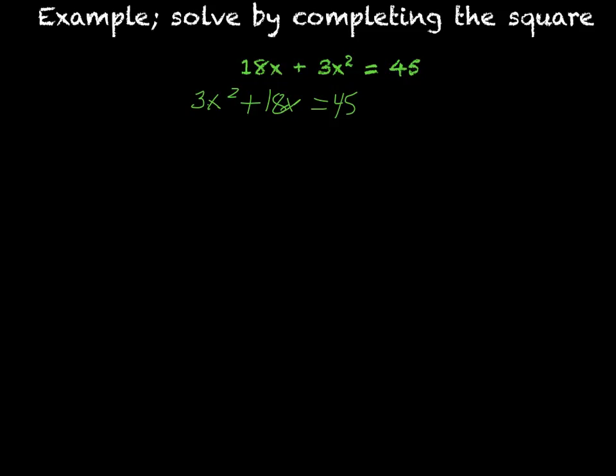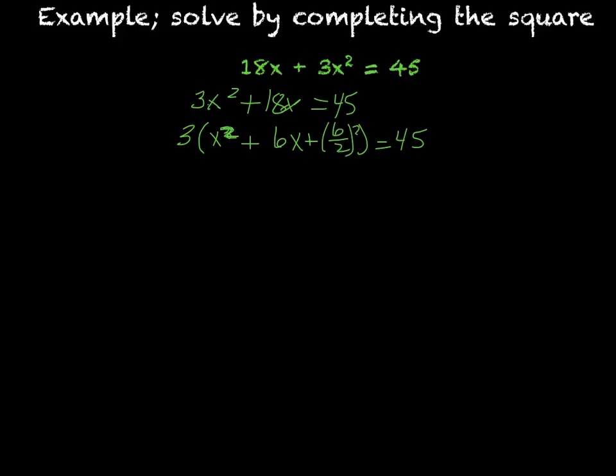Okay, and then I need to get a 1 coefficient, so I'm going to factor out a 3. So that's 3 and x squared plus 18 divided by 3 is 6, x equals 45. Now I'm going to add b, which is 6 over 2 quantity squared.